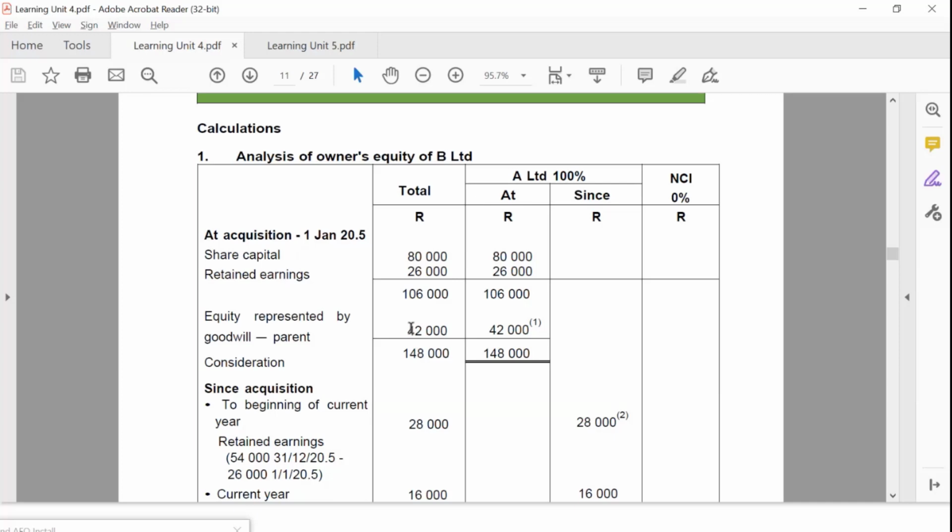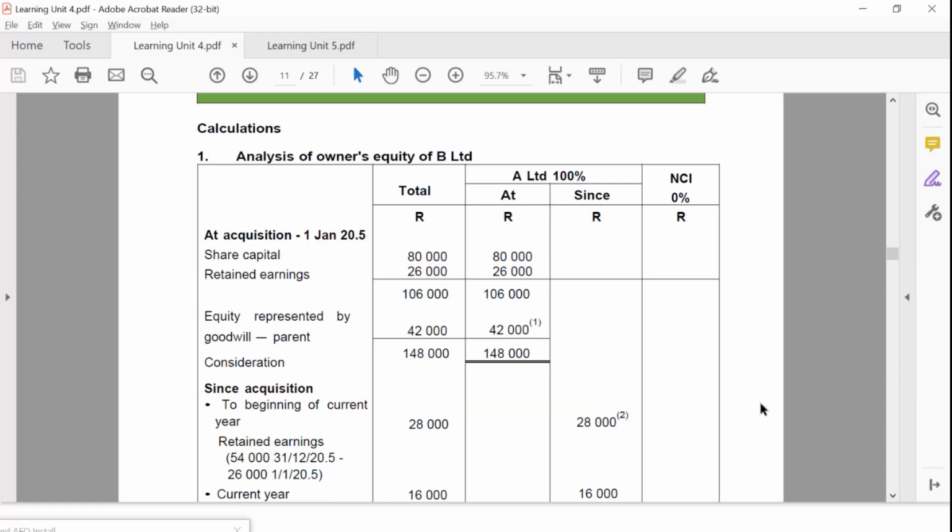And the thing about goodwill is that only the company that controls must recognize the goodwill. If you don't have control in that company, you cannot recognize goodwill. Put it somewhere in your mind: the only company that recognizes goodwill is the one that controls. If you don't control, you cannot recognize goodwill.